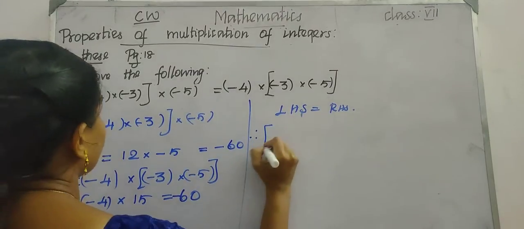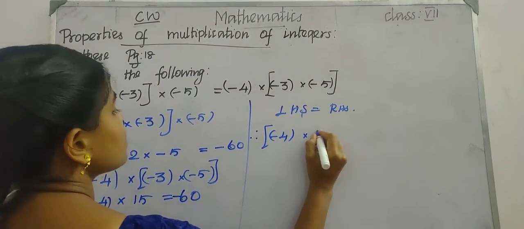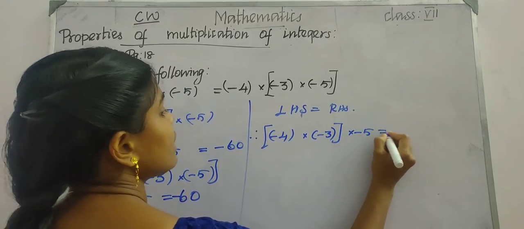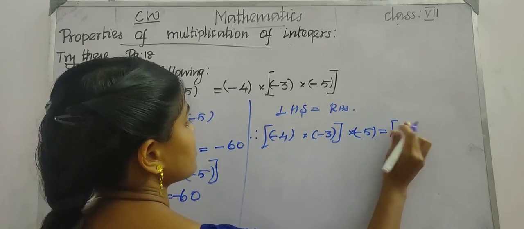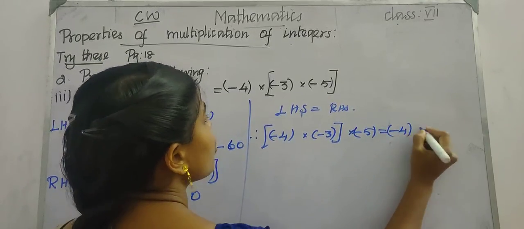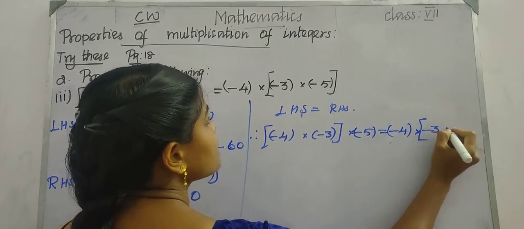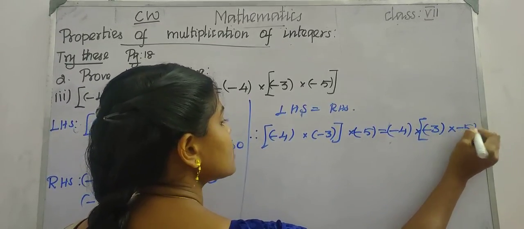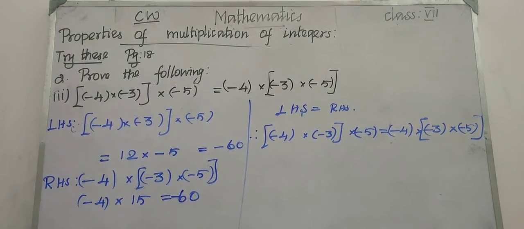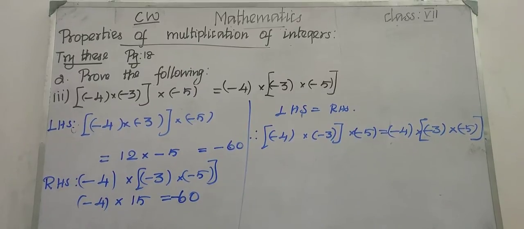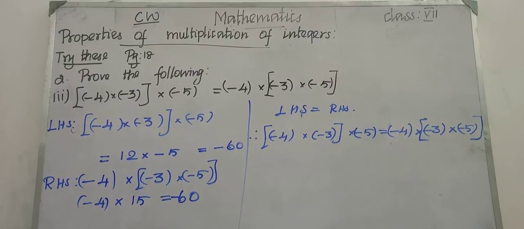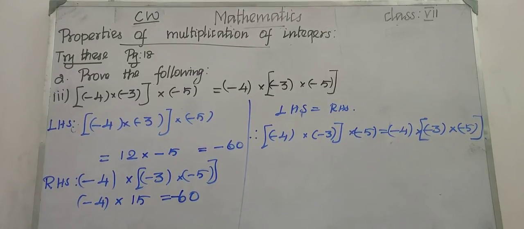Therefore, (minus 4 into minus 3) into minus 5 equals minus 4 into (minus 3 into minus 5). Okay children, so hence proved. Complete the answer. Copy it in your classwork notebook. Very easy, right? Pause the video and write.